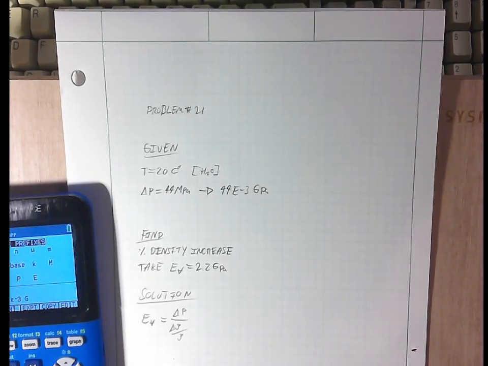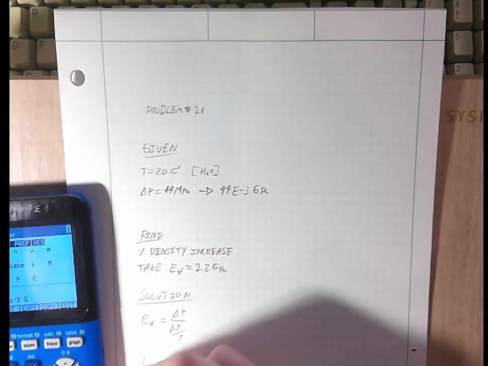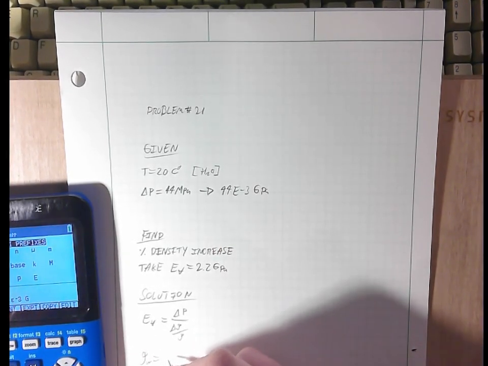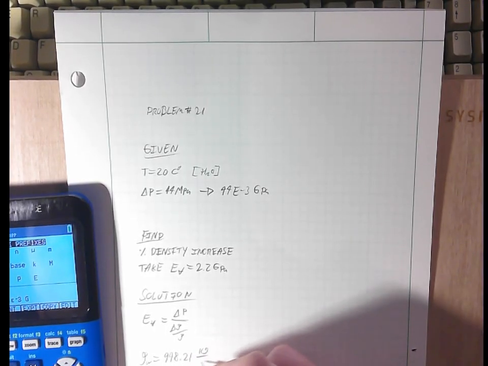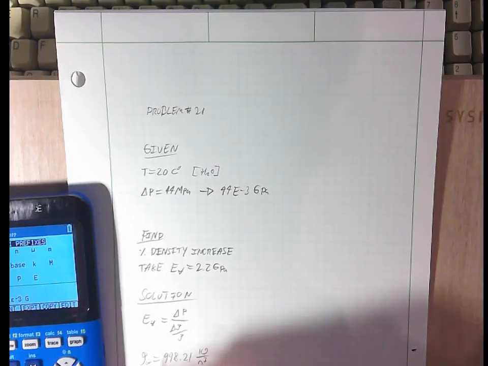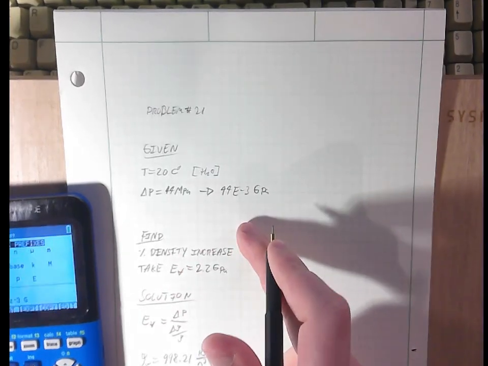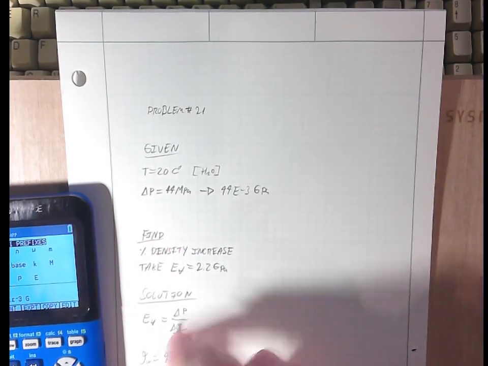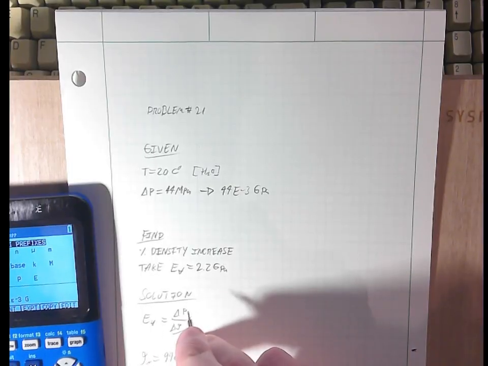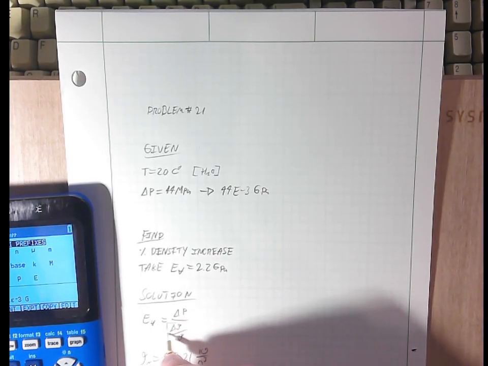That'll give us our normal density. So yeah, rho W is equal to 998.21 kilogram per meter cubed. And we remember the change in pressure. Okay. Oh, this is what we're finding here.